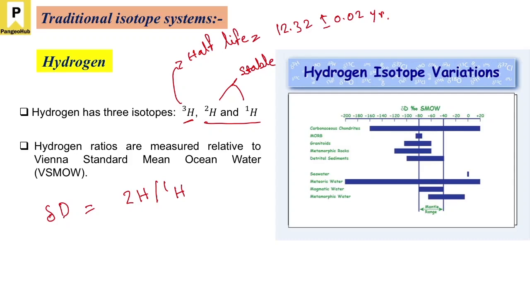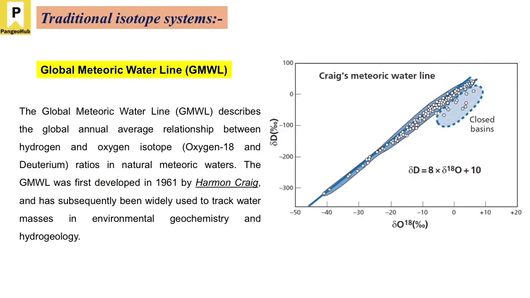To use this, we know a very important concept that is called the global meteoric water line. So the global meteoric water line describes the global annual average relationship between hydrogen and oxygen isotopes, that is oxygen 18 and deuterium, in natural meteoric waters.